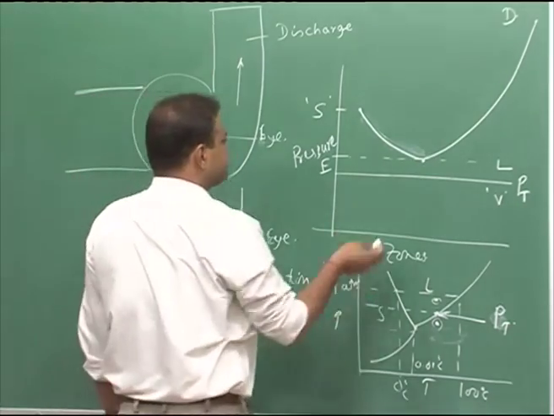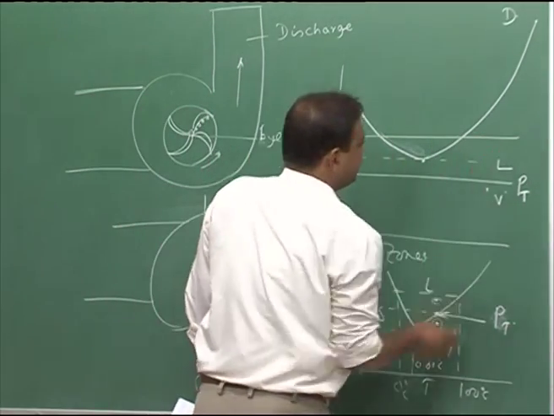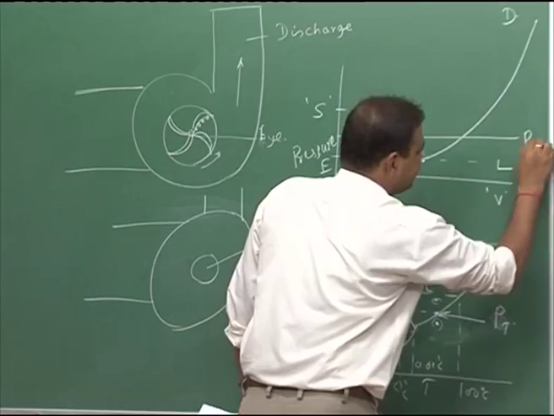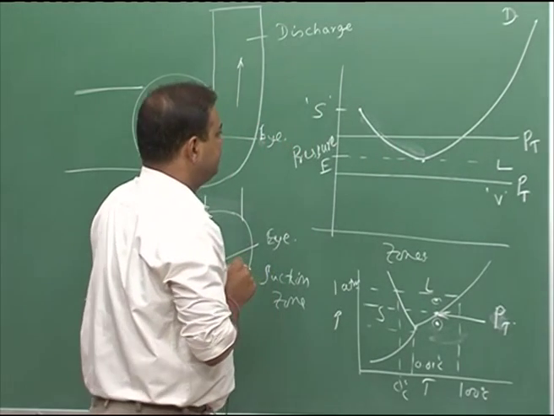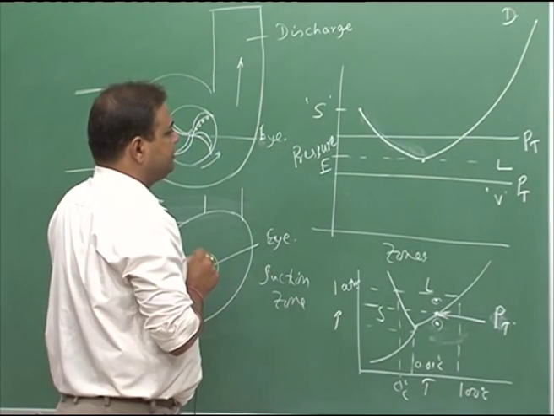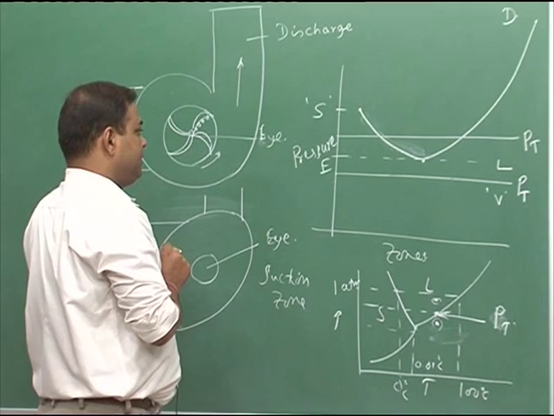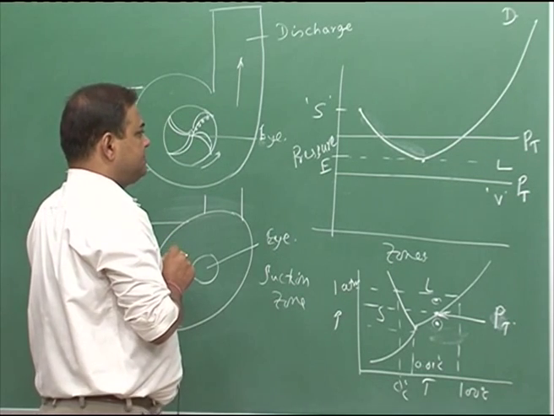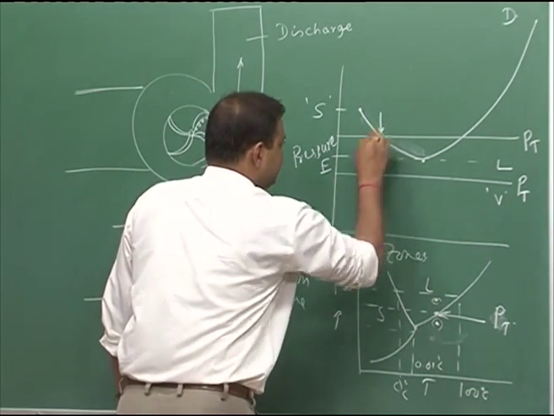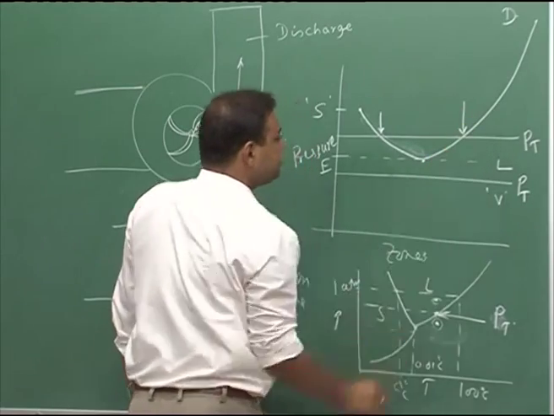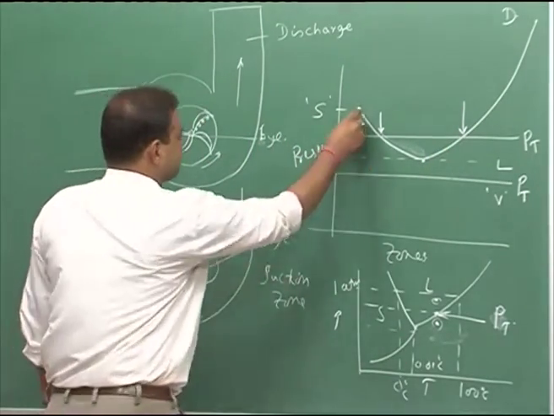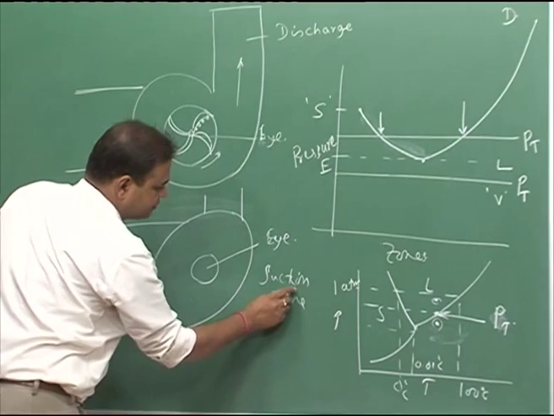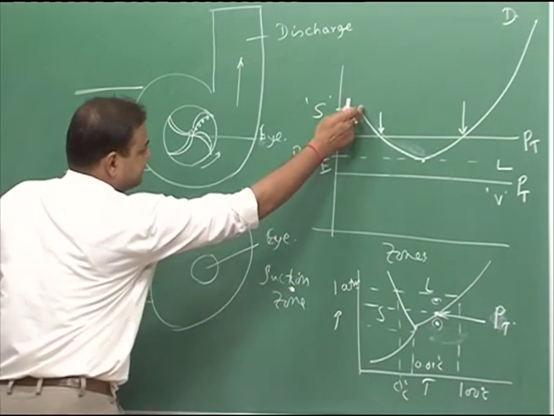Now, if the situation is like this, if the P_v line is this one, then I will have some problem, because during that process this is one junction, this is another junction. From the suction zone, where the water starts, the pressure is this.